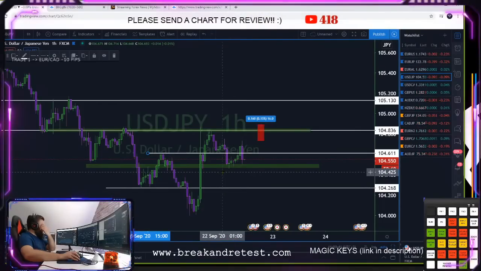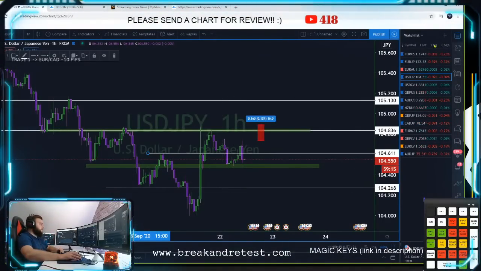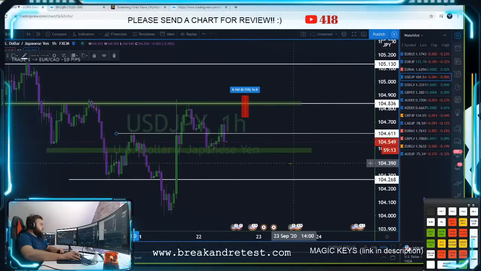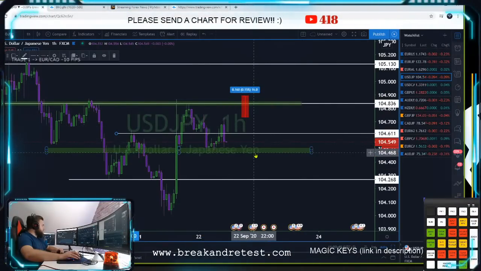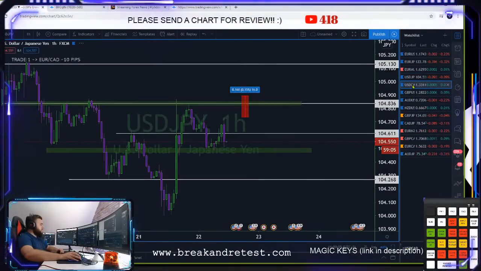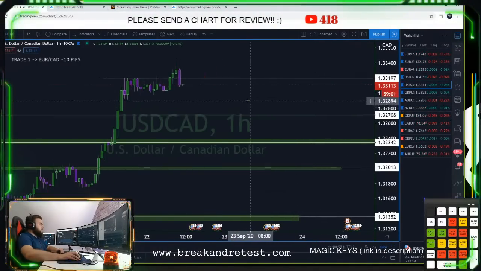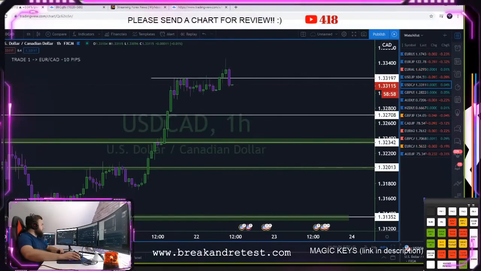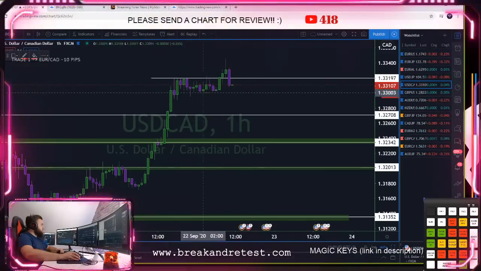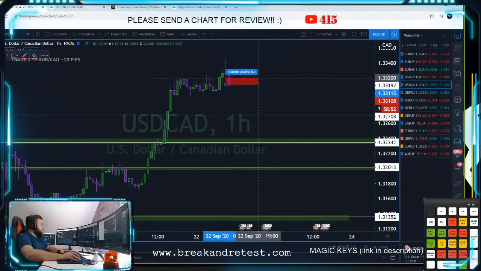There are a lot of zones in between, which means I'm going to skip this and move on to the next one, because we need a clean break and retest. Can't deal with pairs that have too many zones in between. I want a clean break and retest.